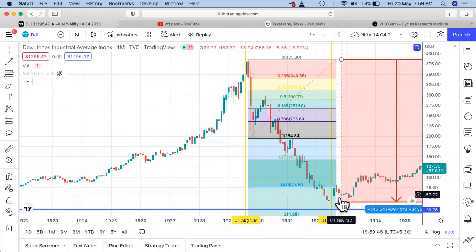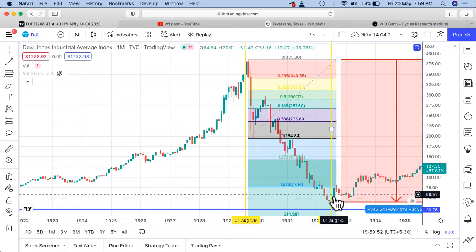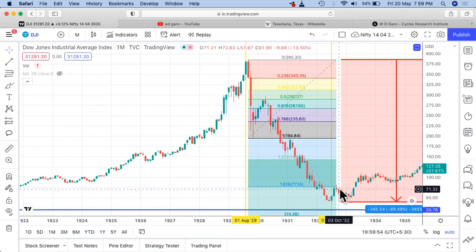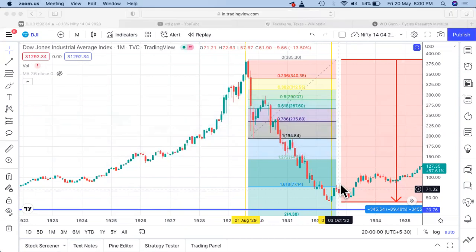And again, a coincidental part is that the end was coming almost at the end of the bear cycle and the start of the bull run. So this is something really important. Let's try to figure out some of the things in the next chapter one by one. We'll meet in the next part.